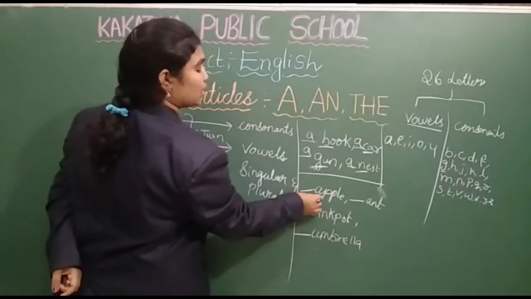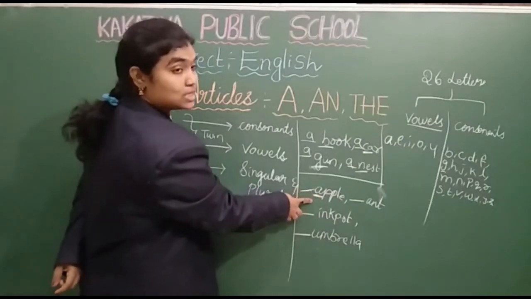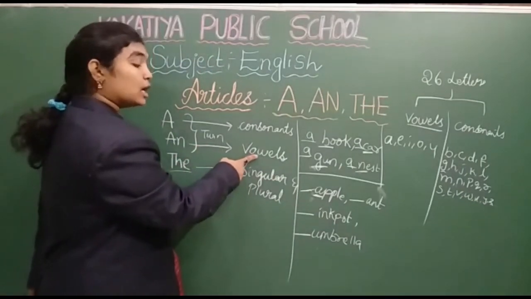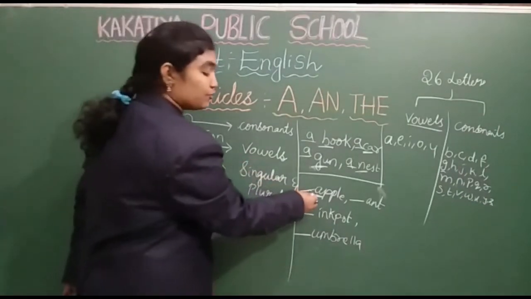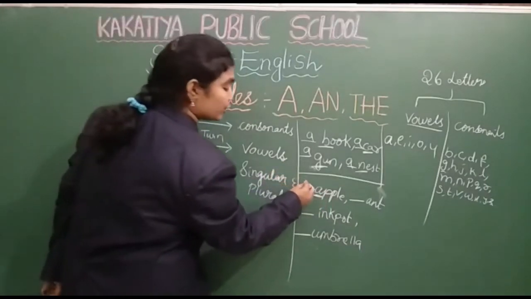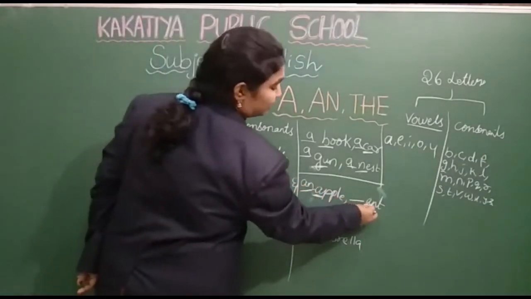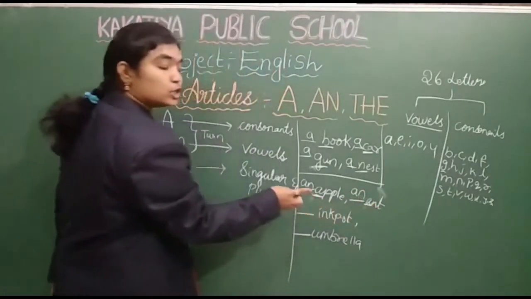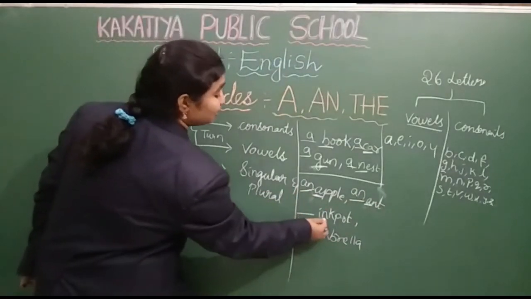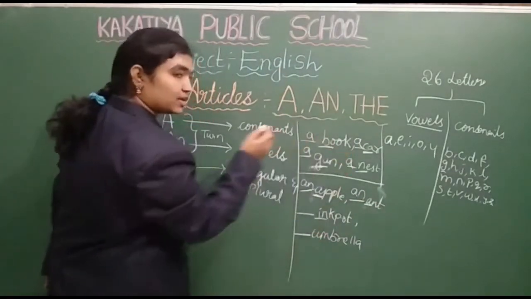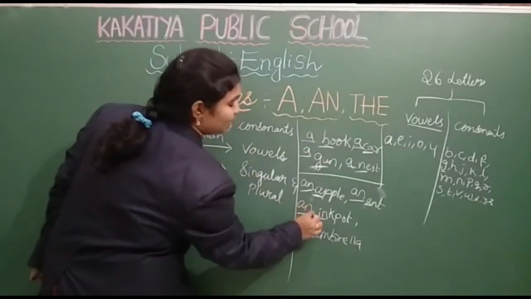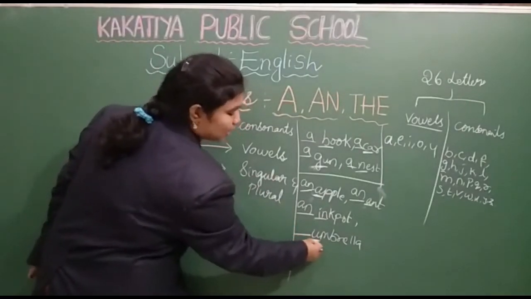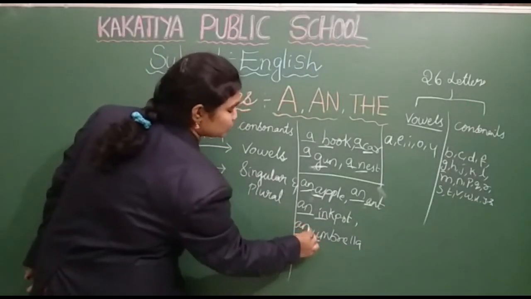The first letter of the word is A, which is a vowel sound. So, An used to do only the vowel sound words, no? Before a vowel sound, we are going to use An. An egg. Here E is again a vowel. An ink pot. I is a vowel. So before a vowel word we will be using the article An. An umbrella. U is also a vowel, so we are going to use An.